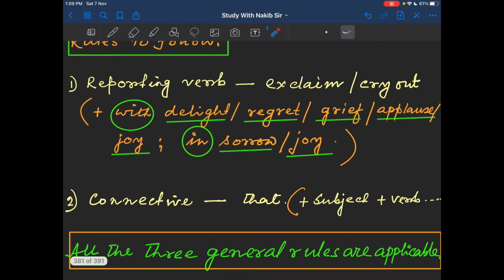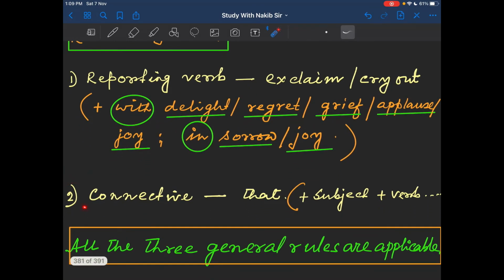Number 2 is the rule for connective selection. Here the connective is "that." And one thing you must remember here also: after "that," the reported speech will begin with the subject plus verb plus other words. And all the 3 general rules are applicable.